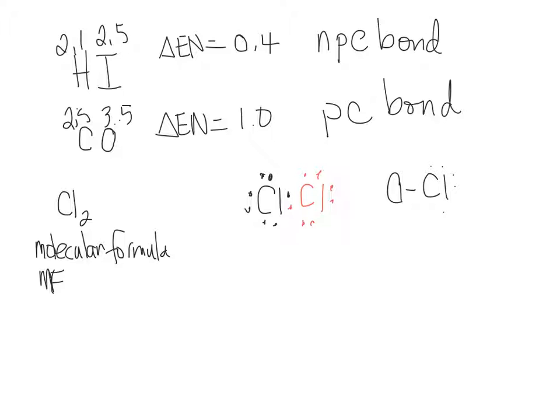But whatever you do, don't forget to put in the lone pairs of electrons. Each atom should show the correct number once it's full. So chlorine wants 8. It's now surrounded by 8, because there's 2 in that bond. Okay, so that's a Lewis structure.